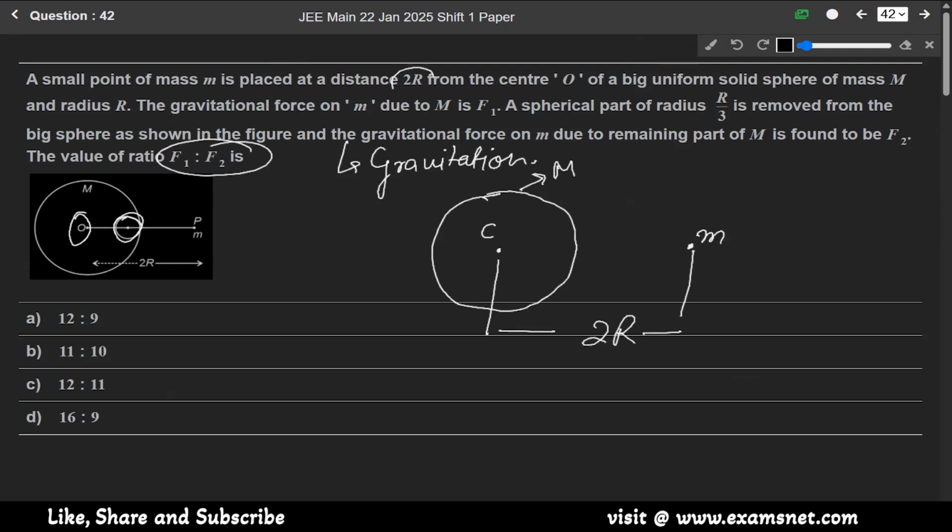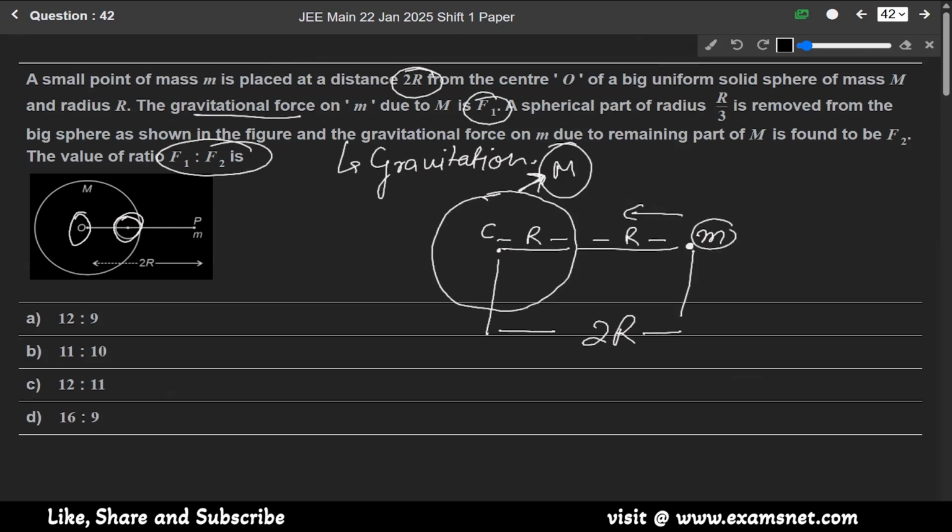When its radius is r, the force is F1, meaning this solid sphere of mass M exerts a force F1 on the small mass m.